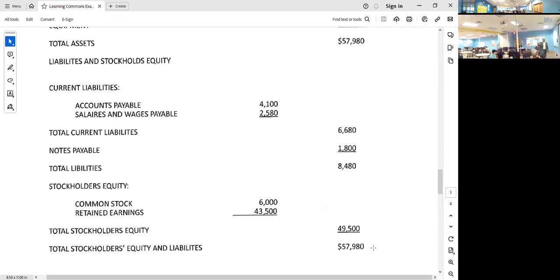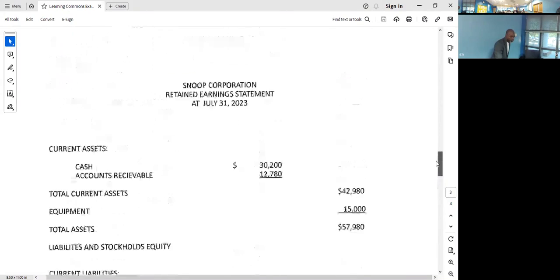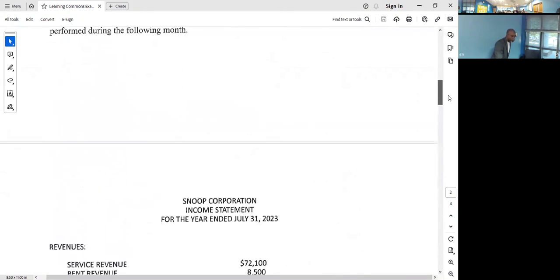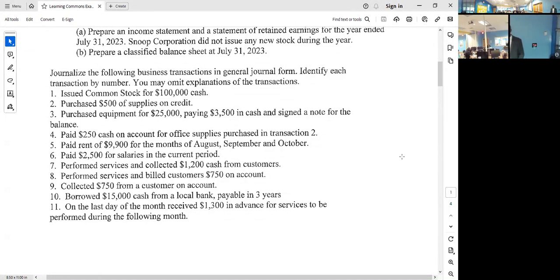I want to make sure we were clear on that cycle, because you could get a multiple choice question asking about it. So what I want you to do now is go through some transactions and record them in the general journal format, the debits and the credits.